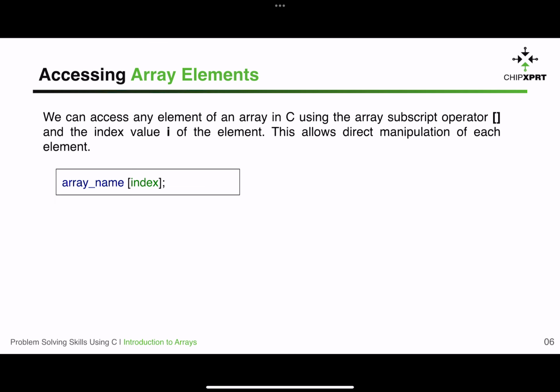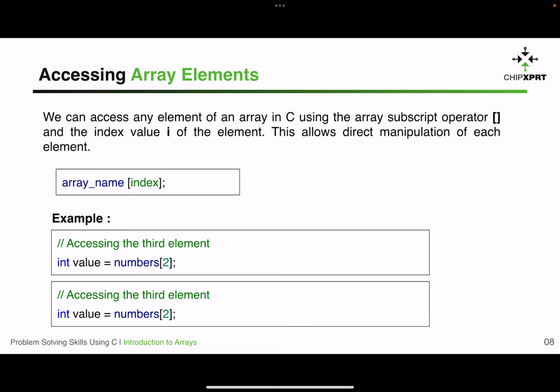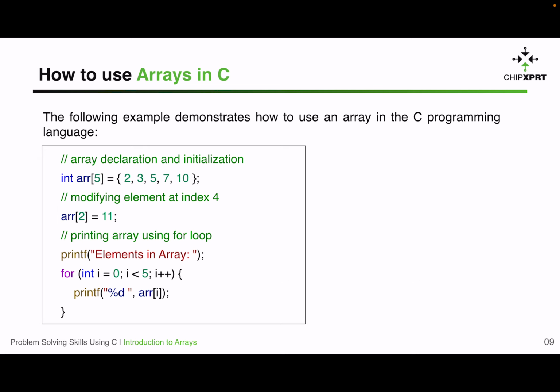Okay, so how do we access an array element? Array name and index. Let's say I want to access the third element, so int value = numbers[2]. So how to use arrays in C? Here we have declared an array of 5 elements: 2, 3, 5, 7, 10.